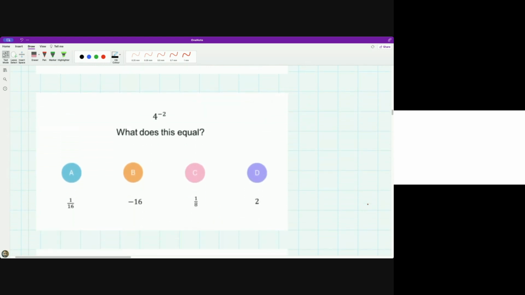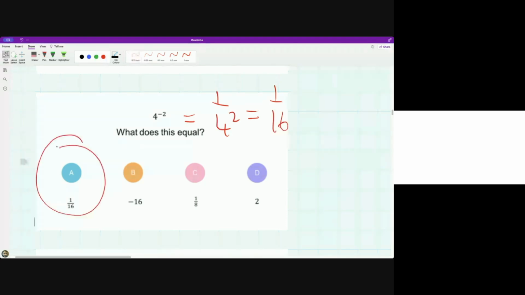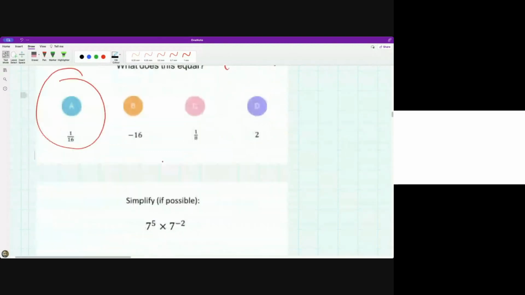What is 4 to the minus 2 the same as? Which is, yeah. So watch out for those ones.